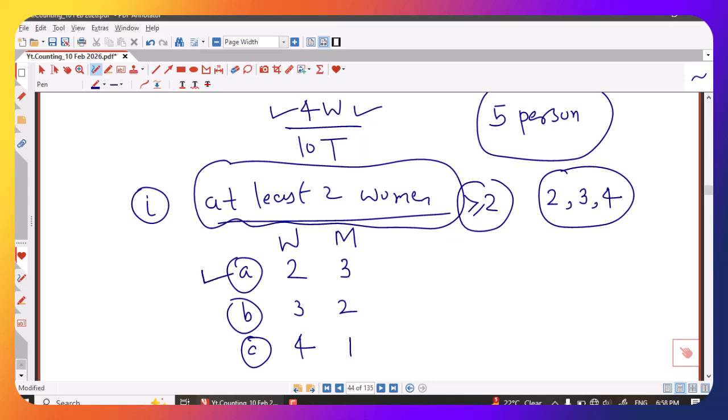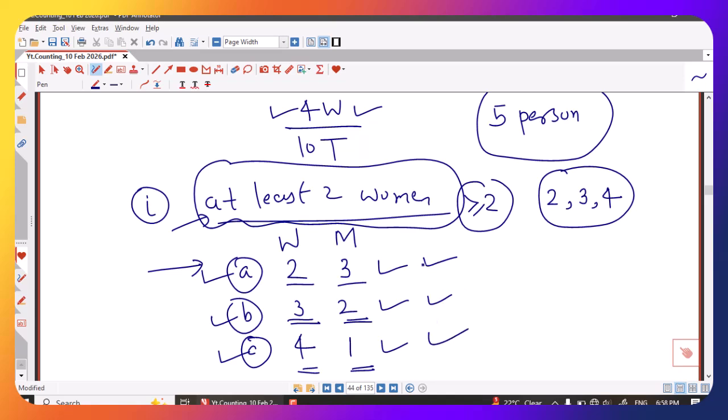So either A can be there, or B can be there, or C can be there. This task can be performed by performing either of these 3 tasks. So the number of ways that at least 2 women are included is equal to the number of ways that A can be done, or the number of ways that B can be done, or the number of ways that C can be done.